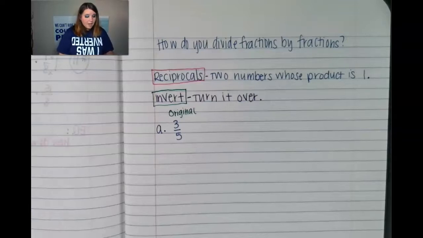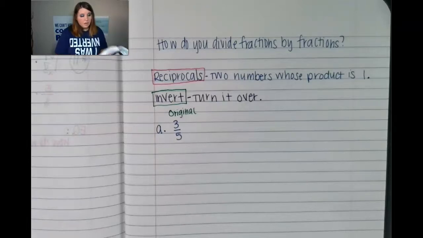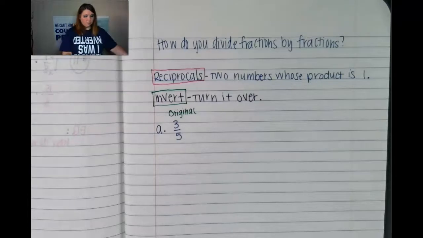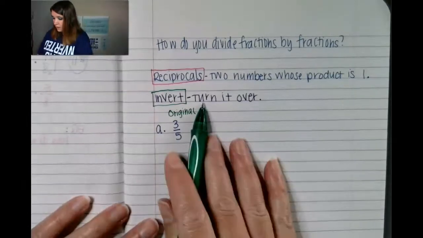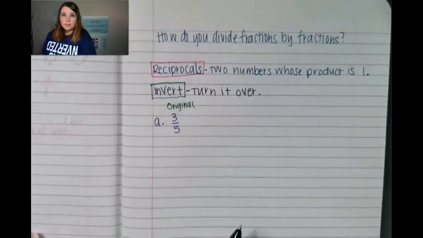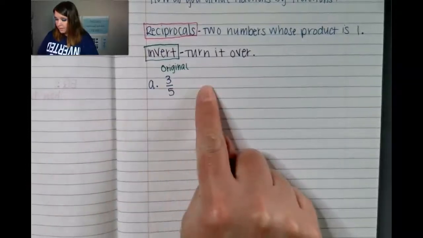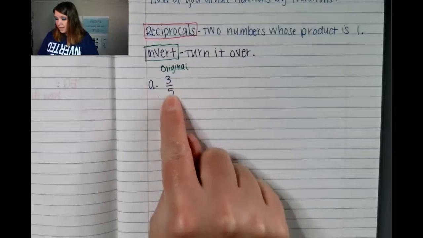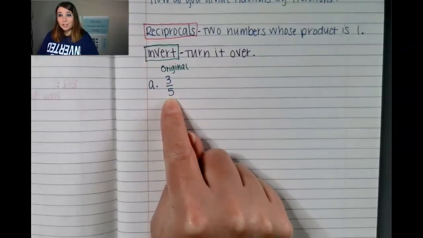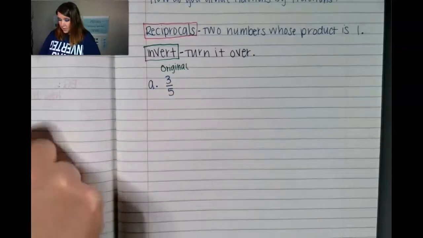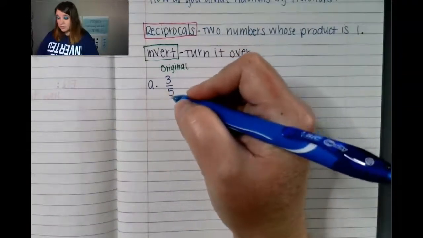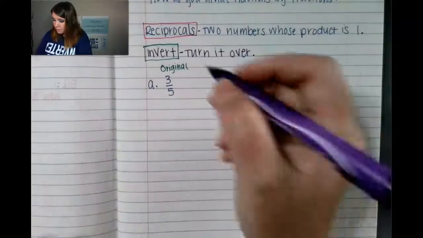If I were to find the reciprocal of it, I would need to invert it. So the reciprocal means that I have to flip it over. I have to get it to have a product of 1. The only way that I can get this to have a product of 1 is to invert this original fraction.